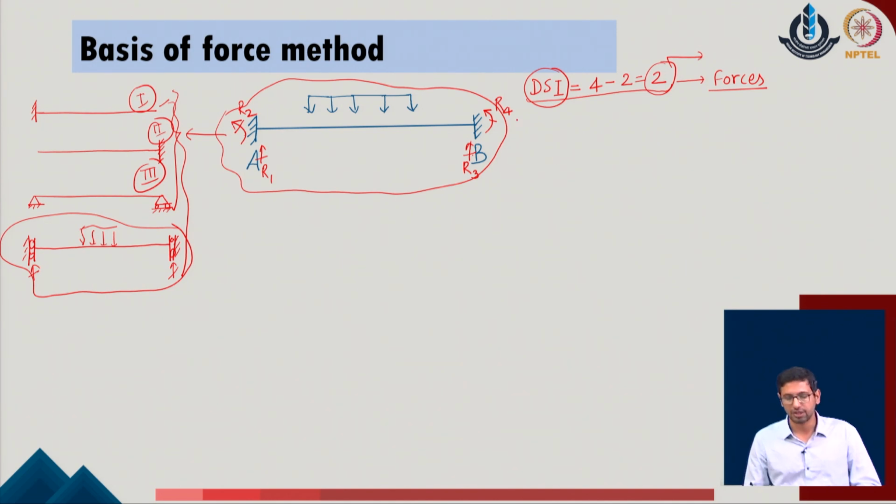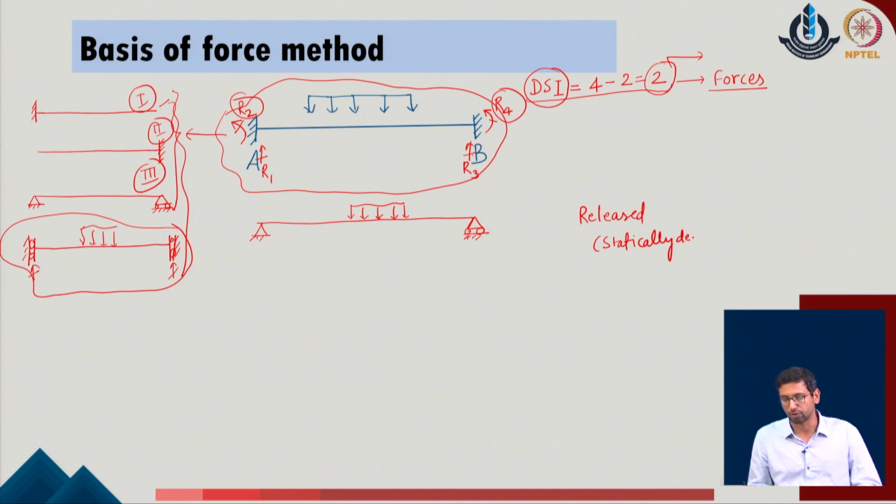Say for example, we initially considered that R4 and R2 are the redundants of the given problem, and that is where we have considered a simple system with pin jointed supports and the external load on top of it, and this is the system which we are considering as the released statically determinate system, and this is the first point with which we try to reduce the given problem.